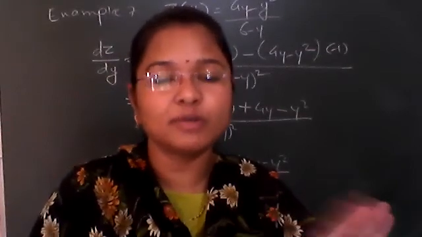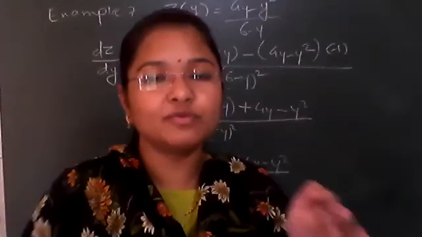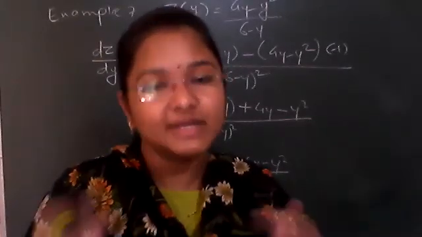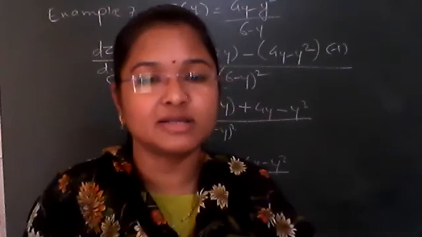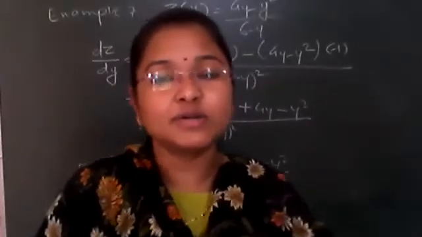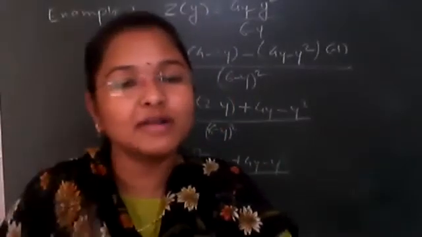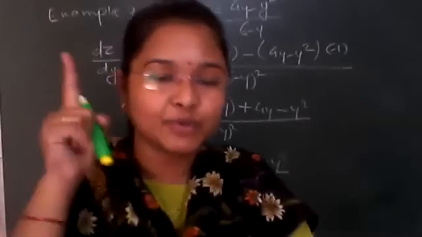For 4 marks or 6 marks, please write the formula. If you are not sure about the answer, please write each and every step: what you have to do, what you have to find, what is given. And if you are sure, then directly you can solve. Many students write their answers like they are doing rough work. For that also, if the answer is correct, we have to give them full marks.